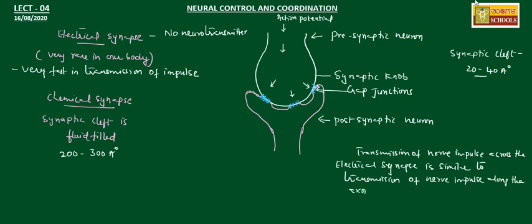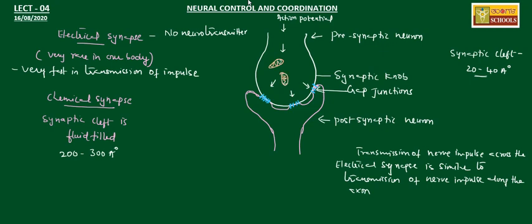In a similar way to how the transmission of nerve impulse took place, which we have studied already, along the axon, the same way the transmission will take place from the presynaptic neuron to the postsynaptic neuron through these gap junctions.